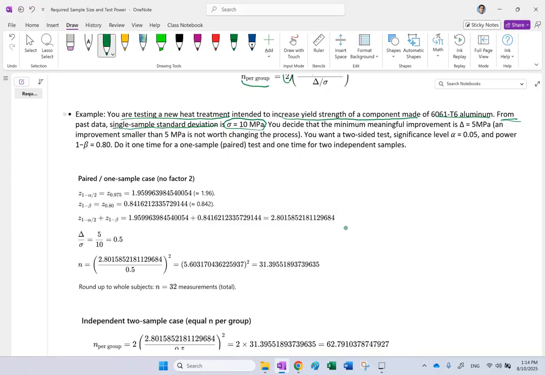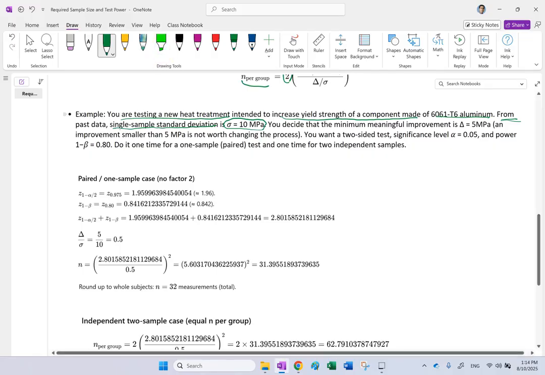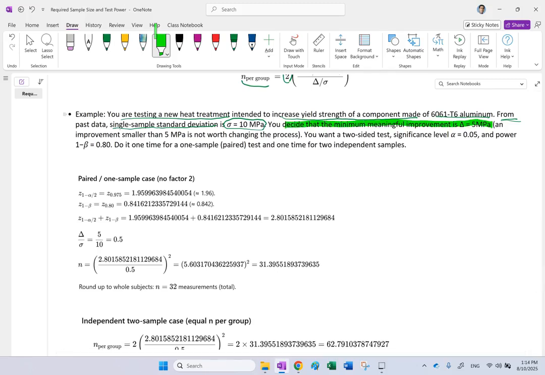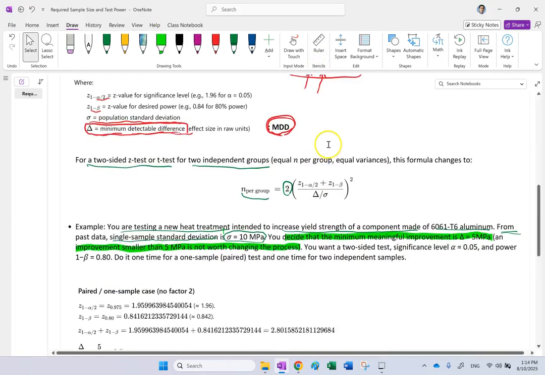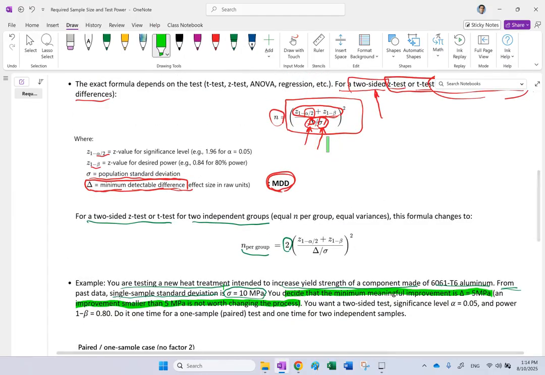Now you decide that the minimum meaningful improvement in the yield strength is 5 megapascal. In other words, if the improvement in the yield strength by your heat treatment is less than 5, to you, it's not even meaningful. So here you see the minimum detectable difference, MDD, you decide on that number.